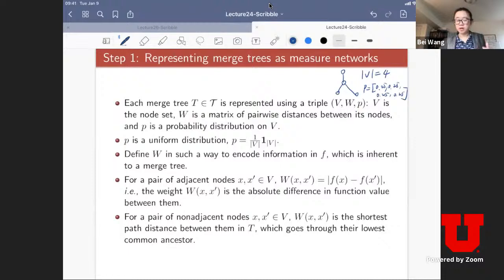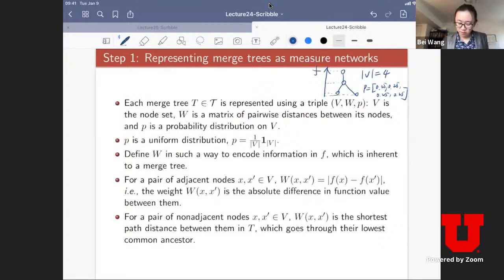One way to do it: what differentiates a merge tree from any tree structure is that there is a function defined on the merge tree, not necessarily a height, because a merge tree comes from the sub-level set filtration of a function over a domain. So every single node has a corresponding function value on it.